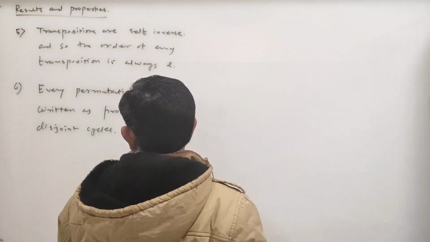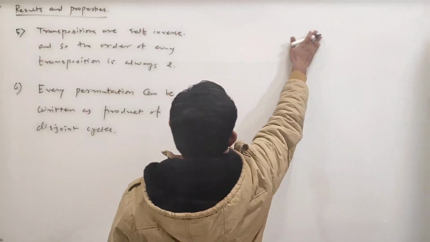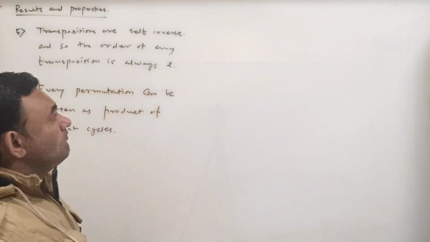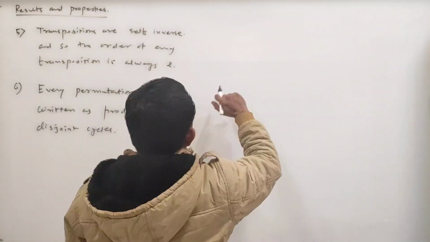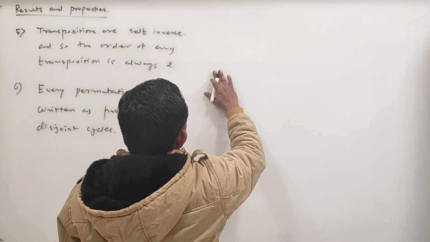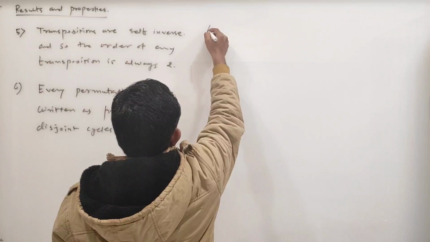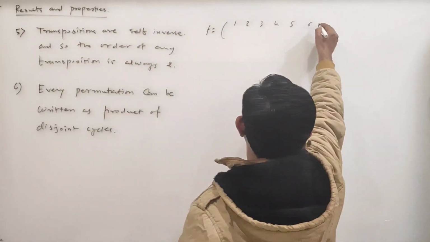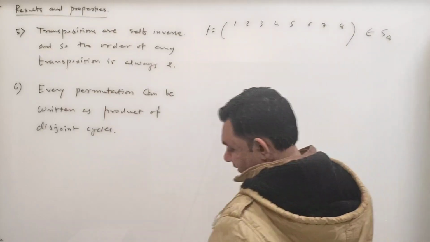So you consider say f is equal to 1 2 3 4 5 6 7 8 on top, and 4 3 1 2 7 ... below; it is an element of S8.